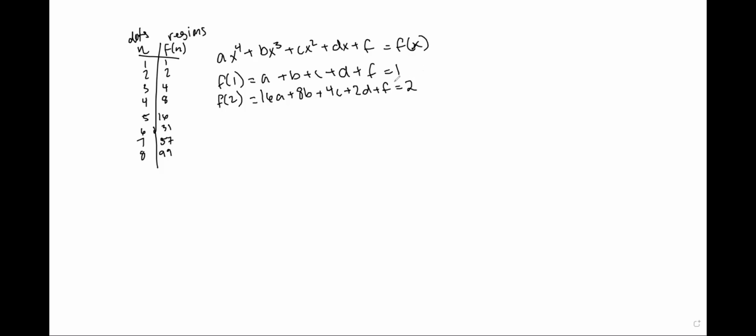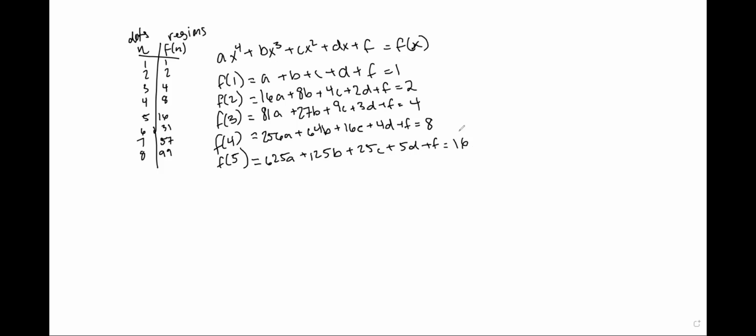So if I want to create a system of equations to solve for this, I need to have the number of equations equal to the number of variables that I have. So since I have 5 variables, I'm going to need 5 of these equations. And so there we have 5 equations. I picked 1 through 5 because those are like the easiest looking numbers, but it doesn't matter. Any 5 points will be enough.